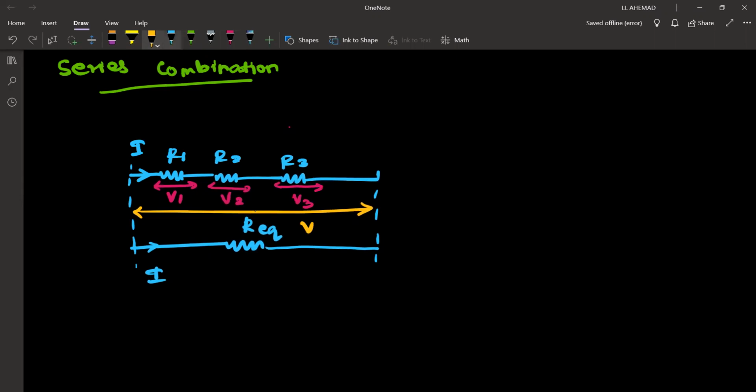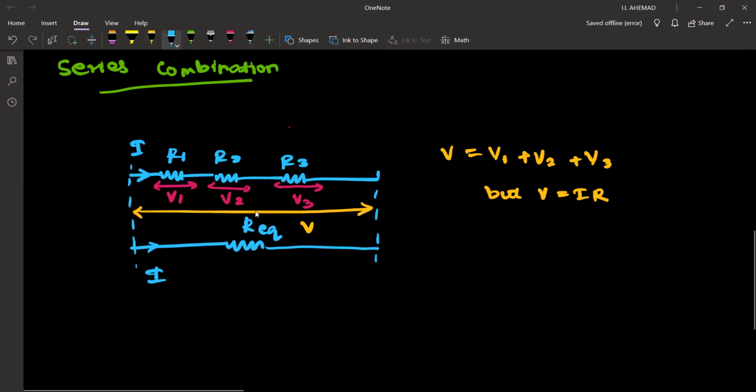We know that V is equal to V1 plus V2 plus V3. But V is equal to IR. Here, instead of V, I can straight away write I into R equivalent. So V equals IR, I into R equivalent.